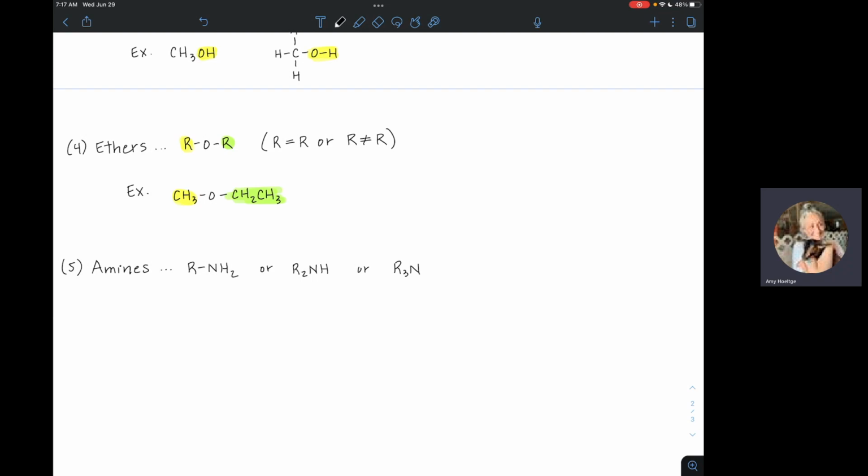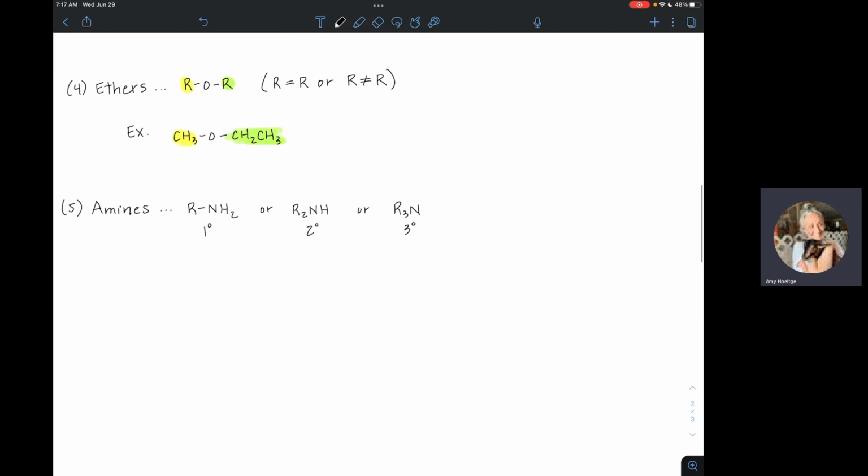And we classify these differently. This is a primary amine, this is a secondary amine, and this is a tertiary amine. And they behave differently, right? In the tertiary amine, we don't have a hydrogen directly attached to the nitrogen, so tertiary amines cannot hydrogen bond to themselves, right? Primary amines have two hydrogens attached to them. Those things can definitely hydrogen bond to themselves, so the physical properties of these will change.